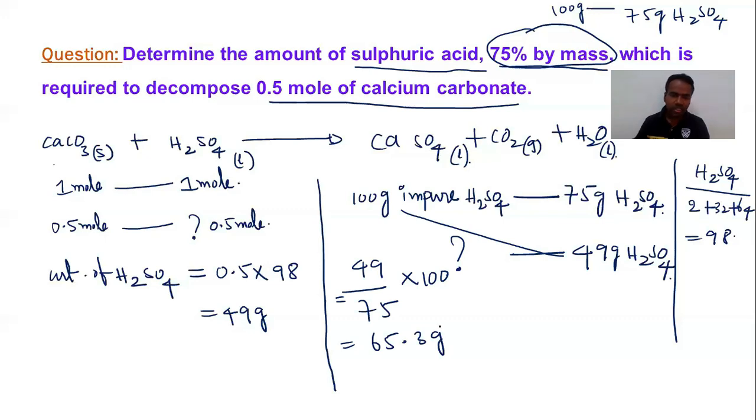So if you take 65.3 grams of this 75% by mass impure sample of H2SO4, then you can get 49 grams of H2SO4. So this 49 grams of H2SO4 is sufficient to decompose the 0.5 moles of CaCO3.